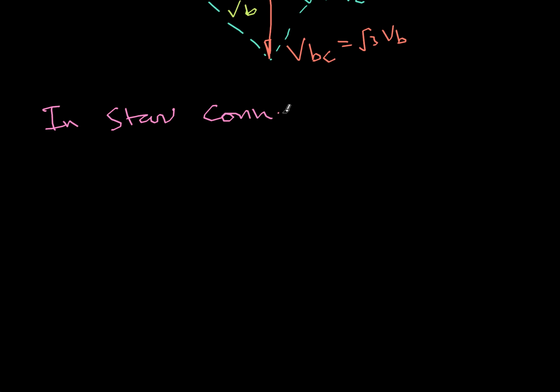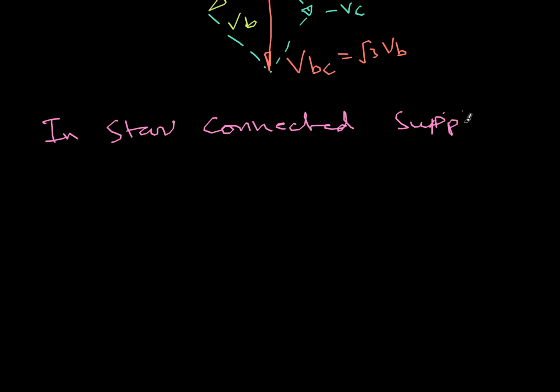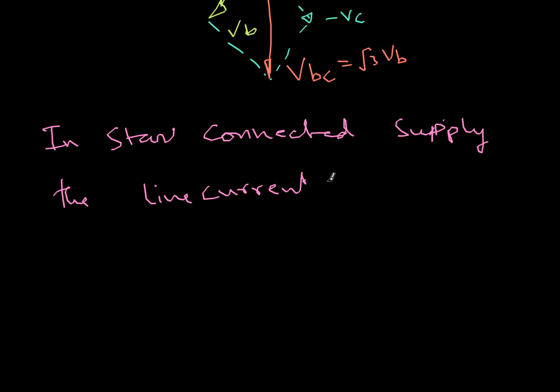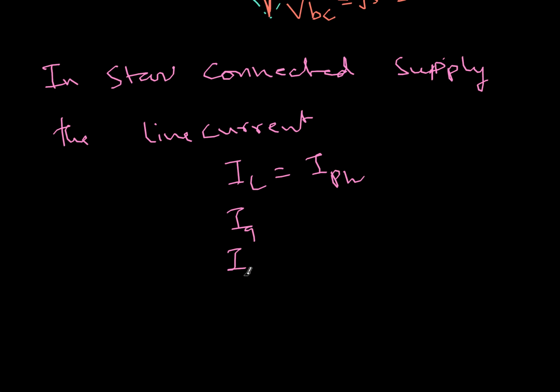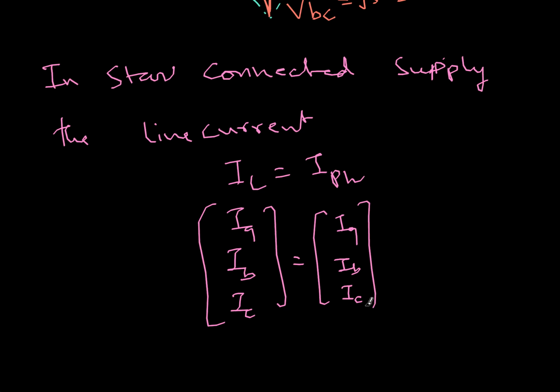So therefore, if I write in star connected supply, the line current IL equal to I phase. So that means IA, IB, IC all are equal to IA, IB, IC. Basically the same things.